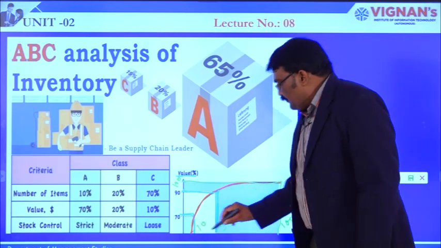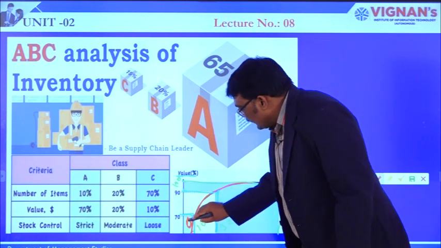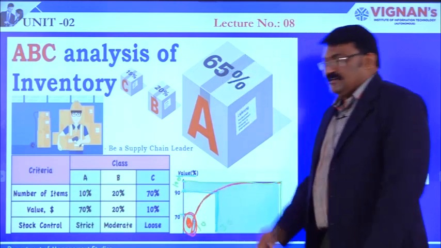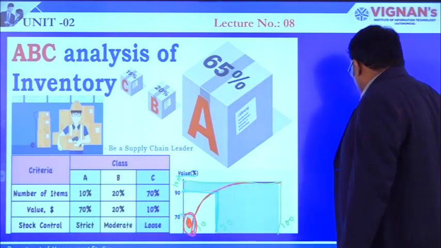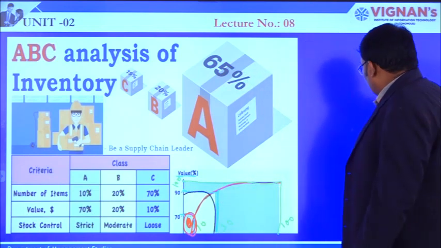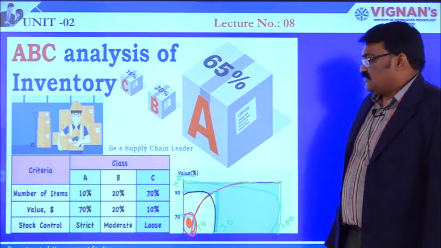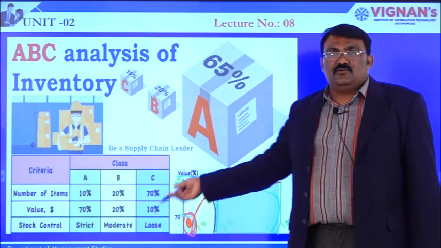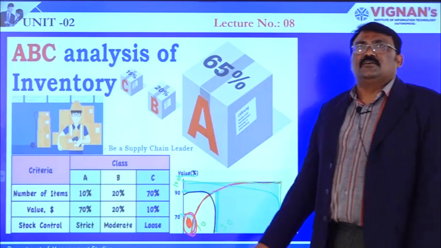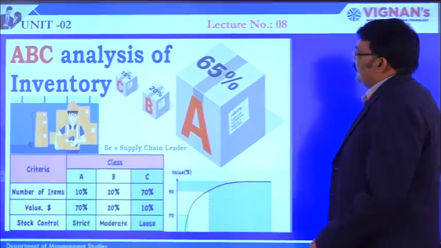This area has been given the most important consideration by the organizations, the next important is given by the organizations at this area, and the last important is given at this particular area, that is 10% value, whereas 70% of the raw material. Understood? Right. Now, we will go to the next slide.